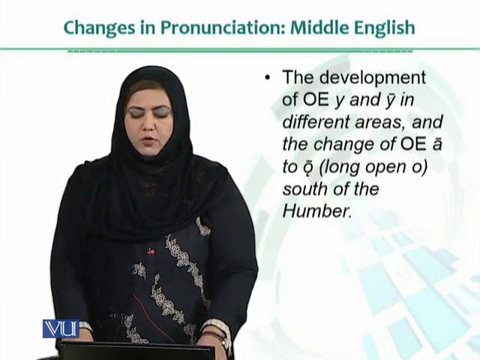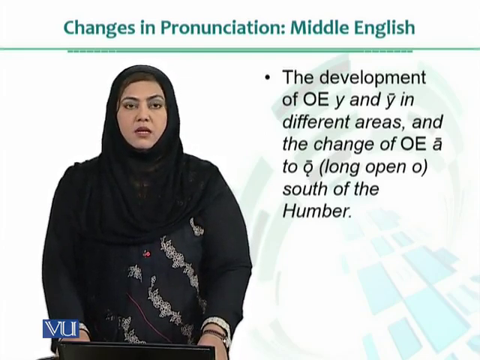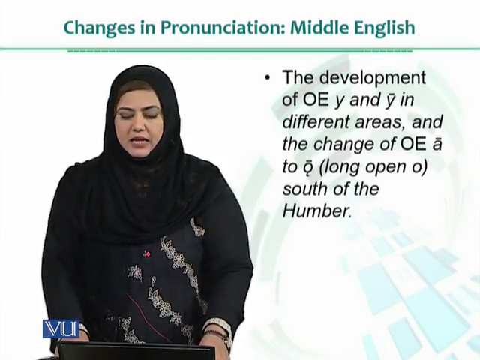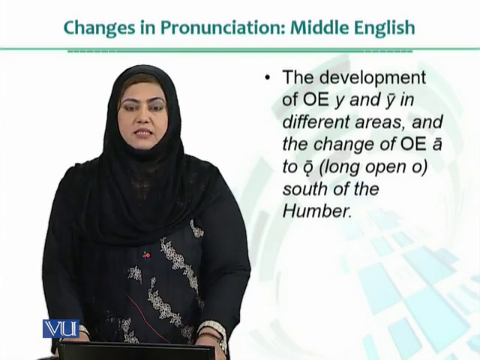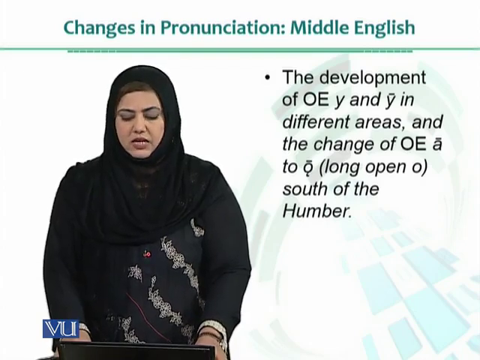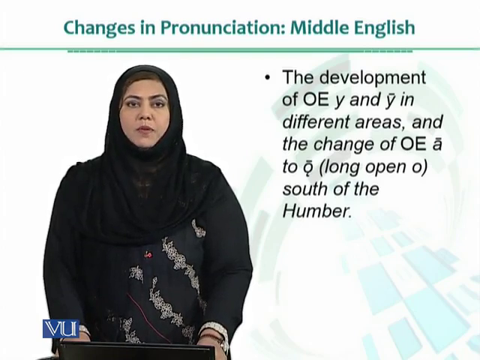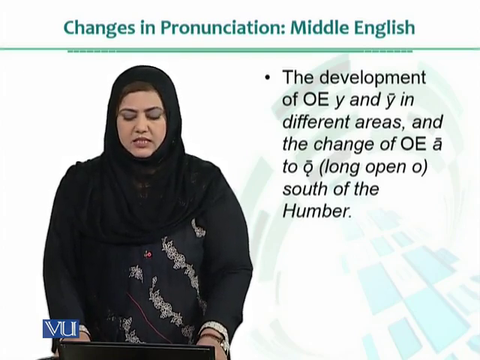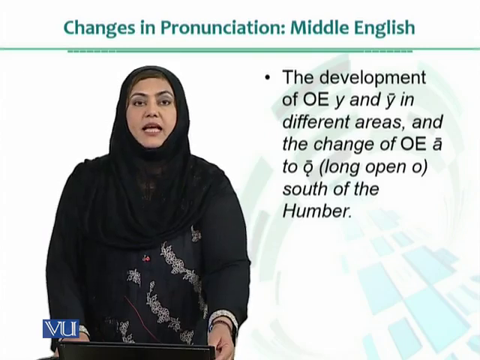Well, the development of Old English sounds y, that is ye and ye in different areas, and the change of Old English a to o, a long open o, in the south of Humber was an important feature.